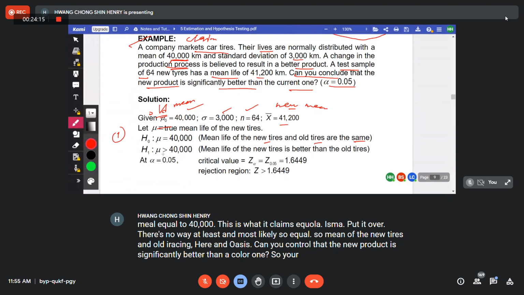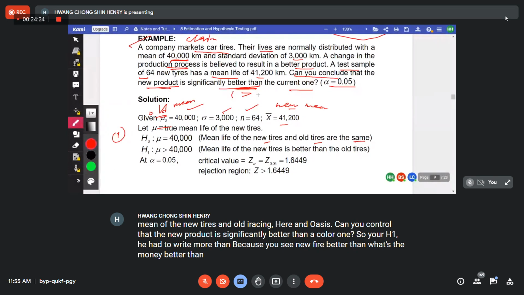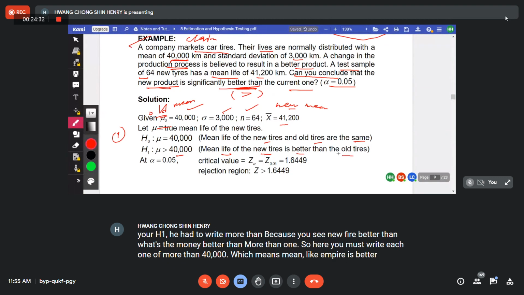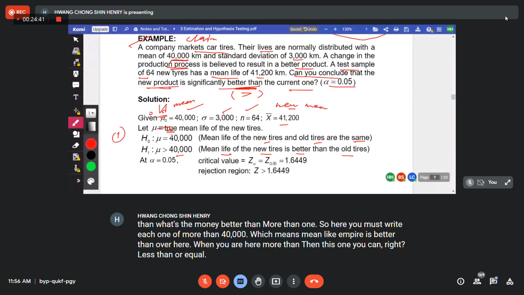So for your H1, you have to write more than, because you say new tire is better than. What's the meaning of better than? More than. So here you must write H1: mu more than 40,000, which means the mean life of the new tire is better than the old tire.